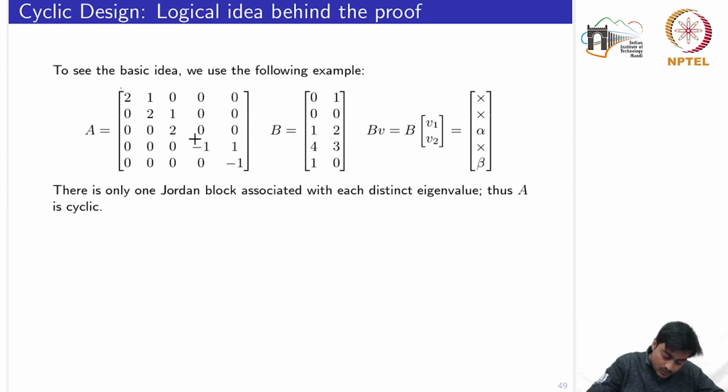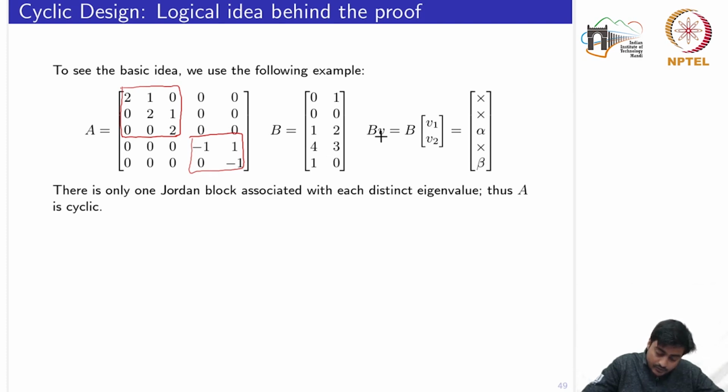With respect to -1, we have one Jordan block, and with respect to the eigenvalue 2, we have another Jordan block. So this satisfies the definition of a cyclic matrix, and we can say that matrix A is a cyclic matrix.